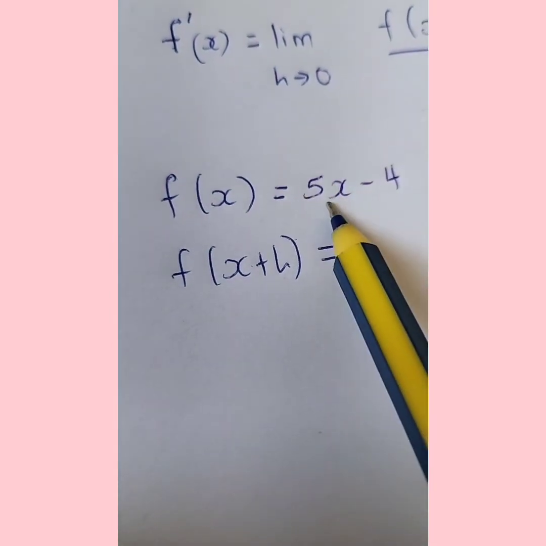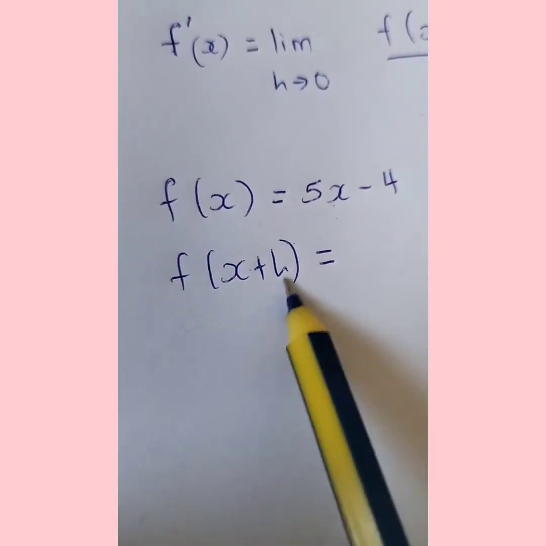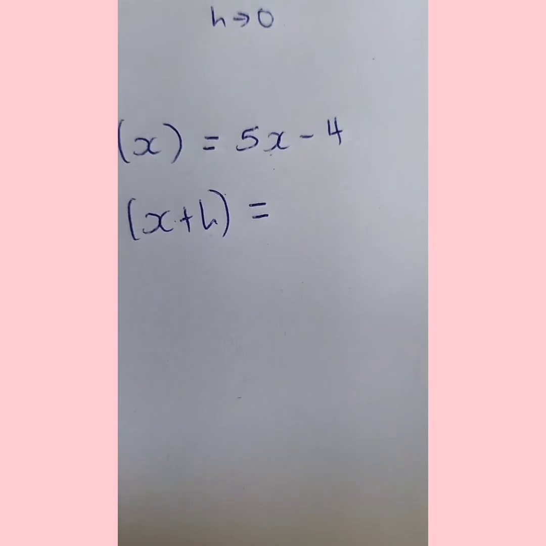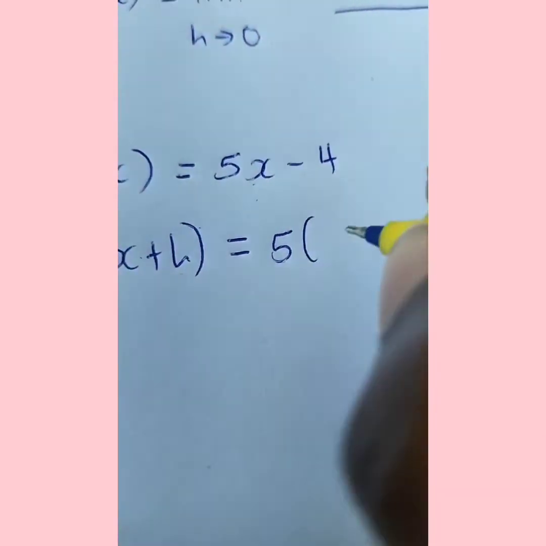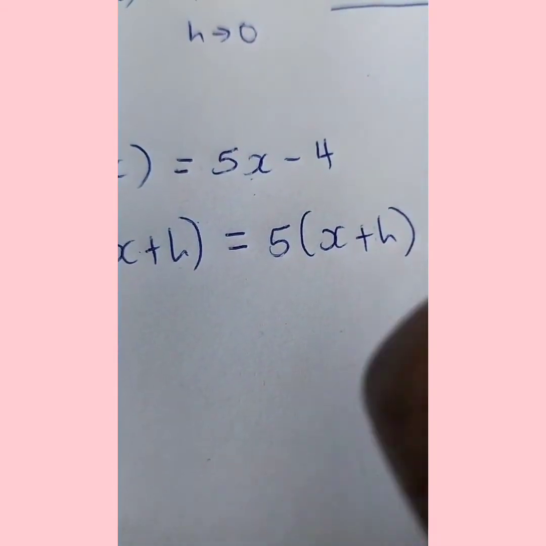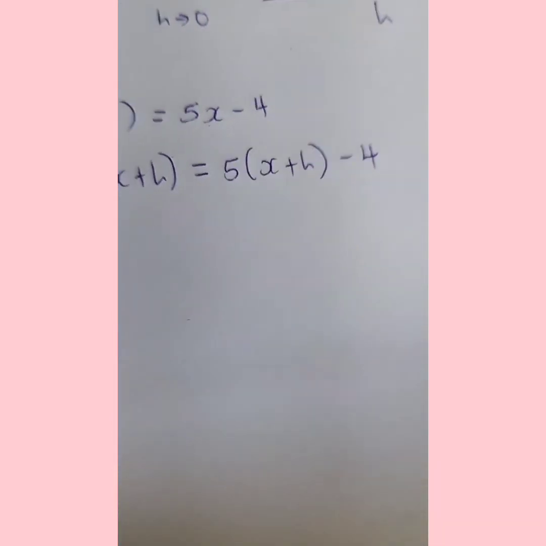Anywhere that we have x, we replace it with x plus h. So it will be 5 times (x plus h) subtract 4.